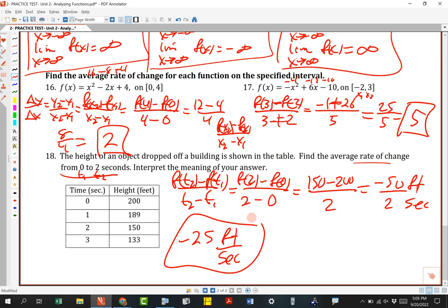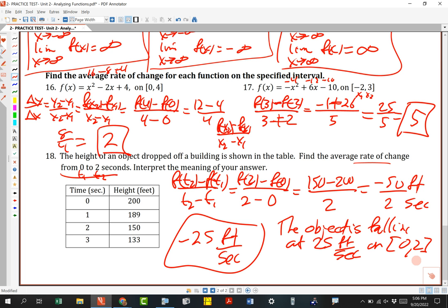Now, if we were going to write a sentence for this, we could say the object is falling at 25 feet per second on the interval from 0 to 2. We could say something like the object is falling at an average rate of 25 feet per second on 0 to 2 seconds or something like that. But this is good enough. That'll get you what you need. All right, good luck on the test.